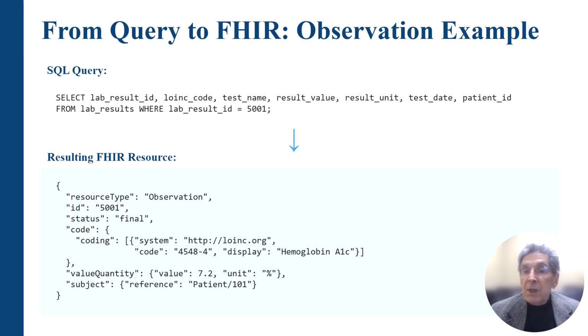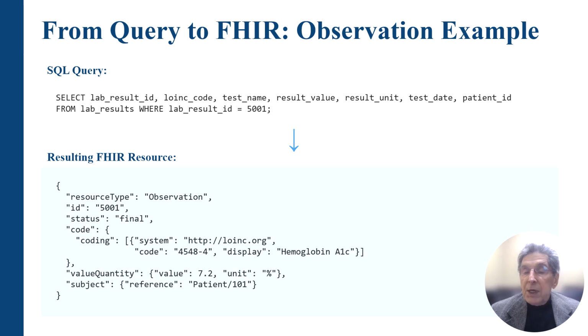The system identifies where the code comes from, and the code will be an actual value, like in this case, 4548-4. The display is a human-readable string, hemoglobin A1C, so you lose any confusion about what that 4548-4 is. It's not necessary.